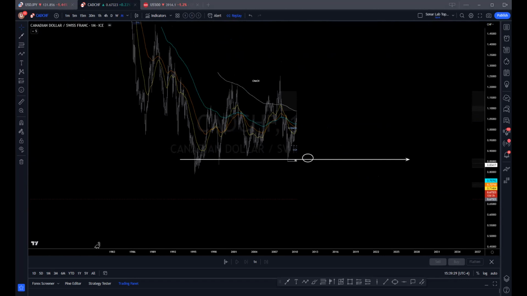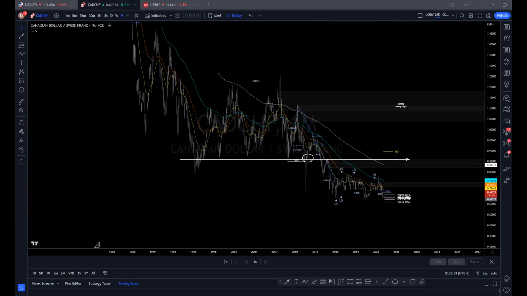Well, what happened at that time is we did get a reference point and it did this. Whoa, boom. When it did that, it created that low there. It created that low, and that was a reference point.